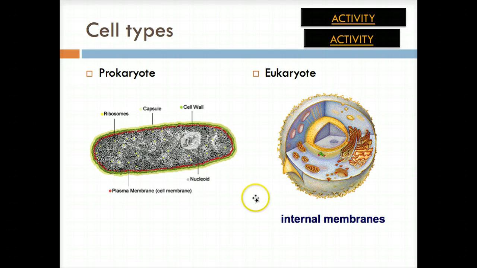You'll also notice one of the major differences here is that in the eukaryotic cell, we have these internal membranes. So if you look here, here's your mitochondria, Golgi apparatus. Here's a bunch, looks like a bunch of channels down here. Here's some little vacuoles and sacs.